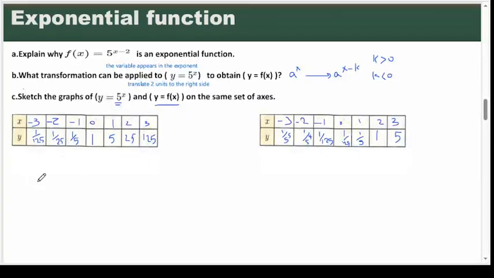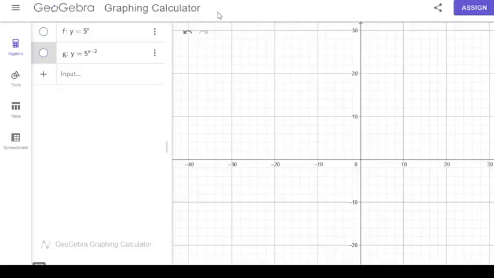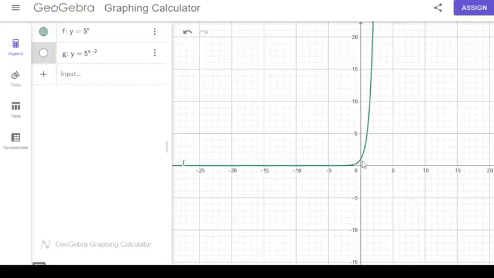Let me use technology to show two graphs and compare them with each other. In this graph, first of all, I start to draw y equals 5 to the power of x. If I graph it and enlarge it a little more, we will see for 0 it equals 1, for 1 it equals 5, for 2 it equals 25.